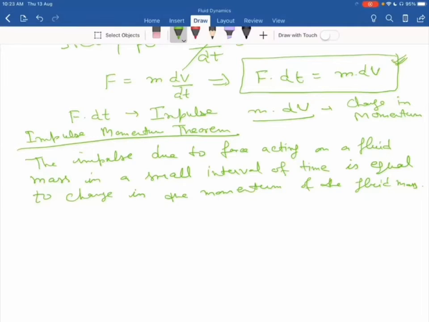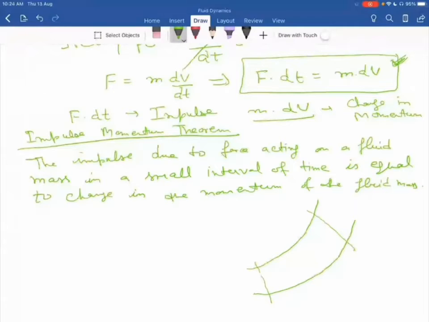Now I use this equation to find out the force exerted by fluid on any bend. That means, say, if I have a pipe like this, this is one section, this is another section.